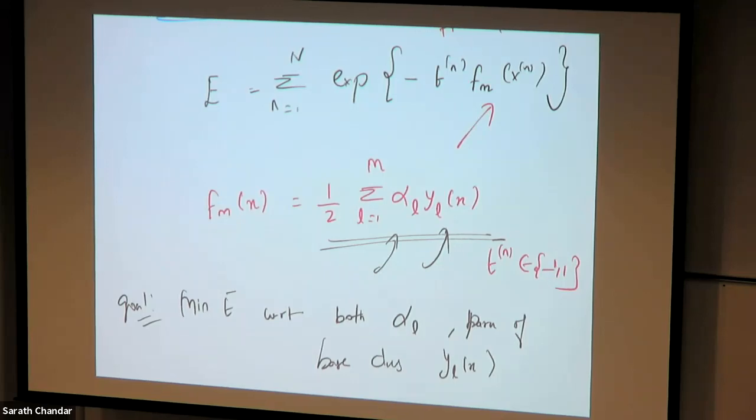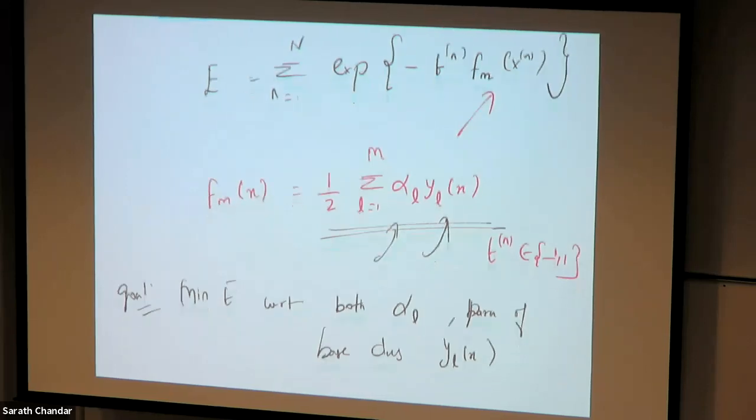Now, instead of doing this global minimization, what boosting is trying to do is a sequential minimization. In other words, we will first learn the parameters and weights for the m-1 classifiers, and then learn the parameters and weight of the m-th classifier. Is that clear? So we are doing this sequentially.